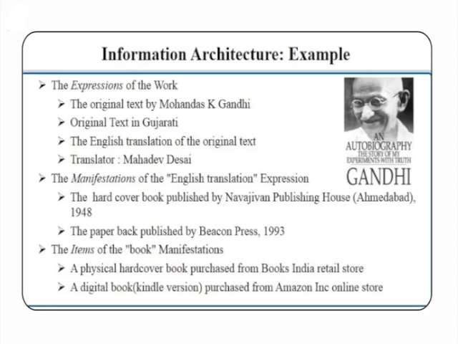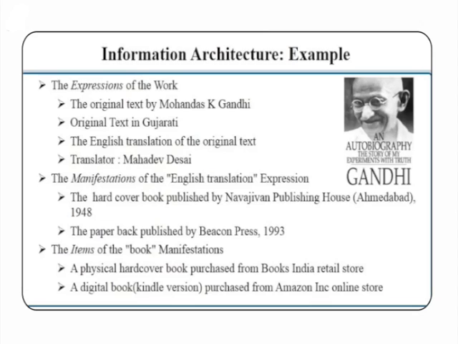Now, for this book, the expression of the work can be the original text by Mohandas K. Gandhi, the original text in Gujarati, and the English translation of the original text, whose translator is Mahadev Desai.